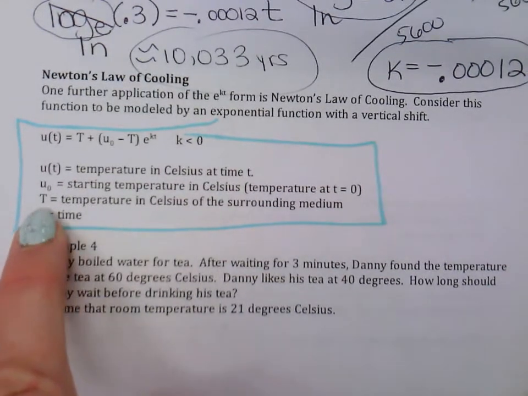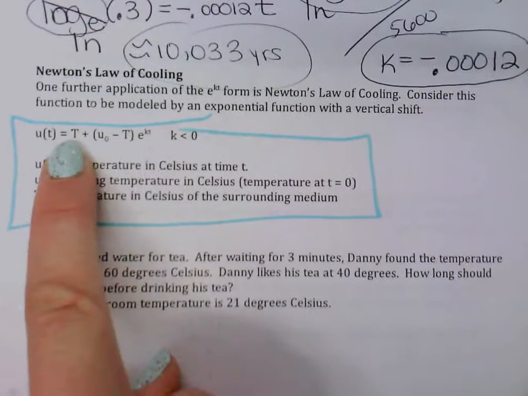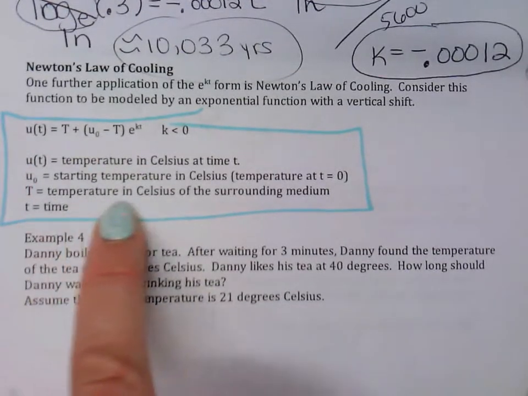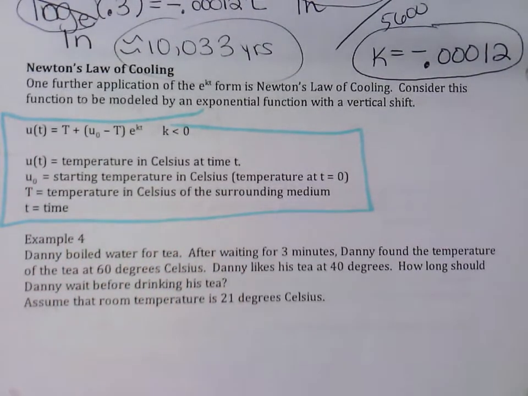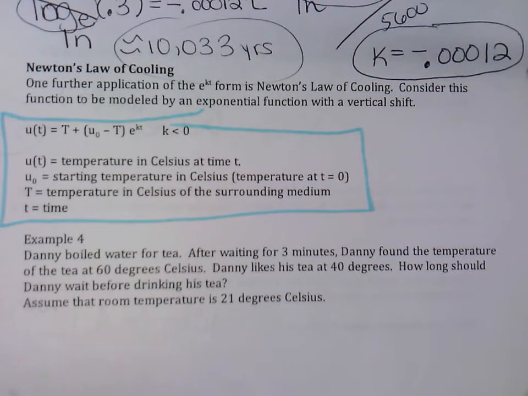Capital T, right here in the equation, two different places, represents the temperature of basically the surrounding media. It could be the temperature of the refrigerator, the temperature of the room, because we talked about something that's cooling down. When it starts to reach room temperature, it can't go below room temperature, right? It's got to plateau at room temperature.